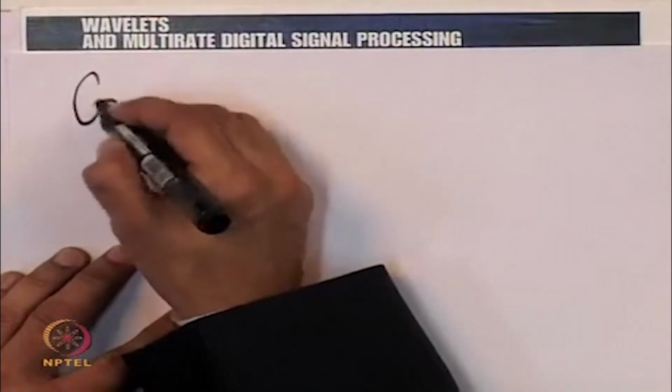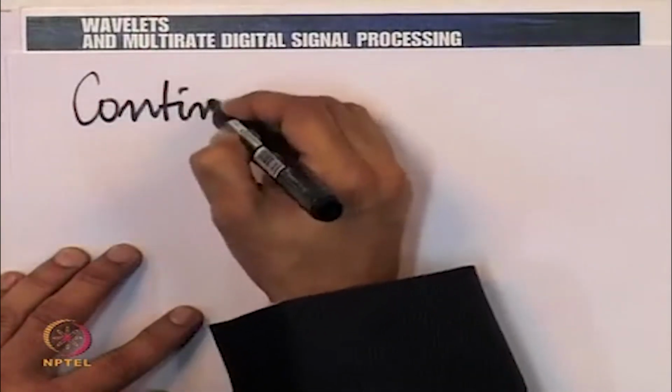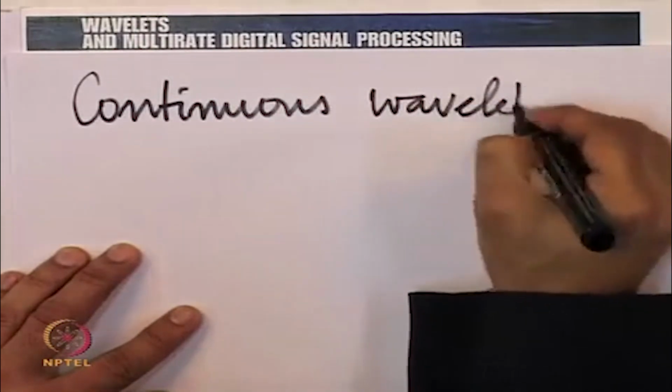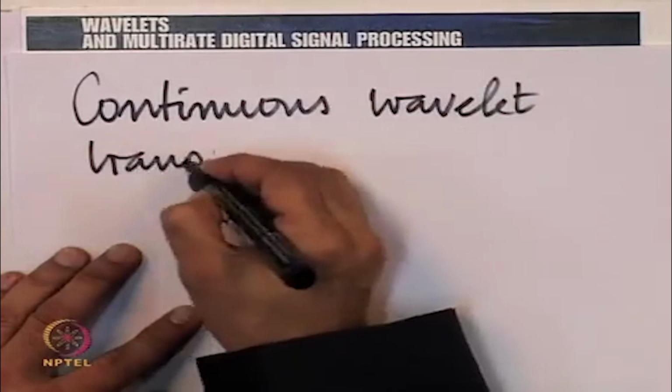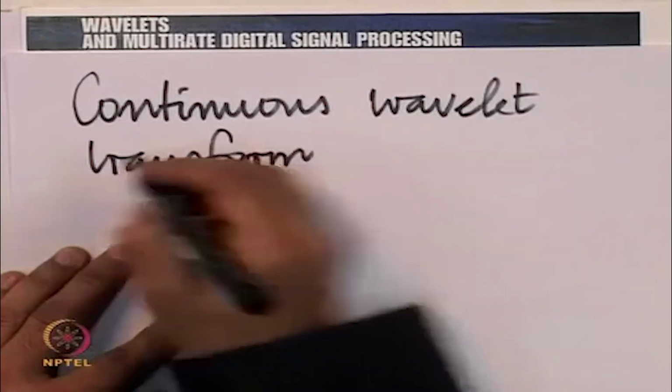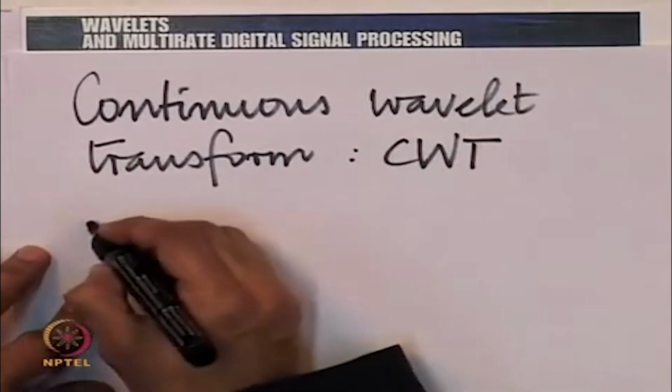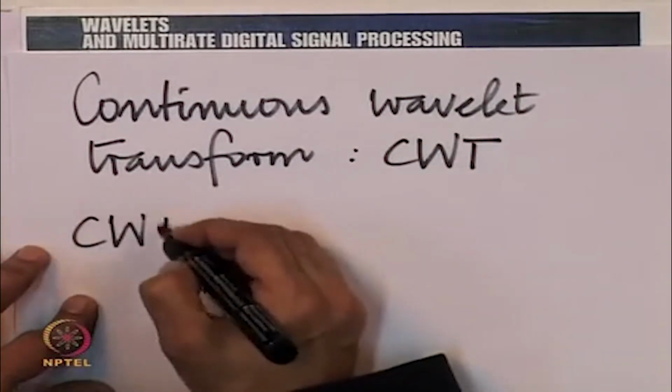So, let us write both of these down and let us introduce notation here. The continuous wavelet transform, which we shall abbreviate by CWT, and here again it has primary and secondary arguments.